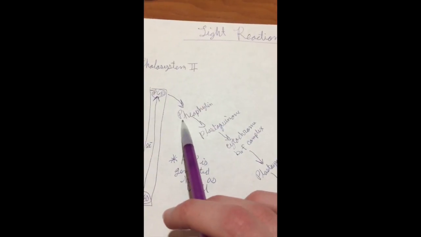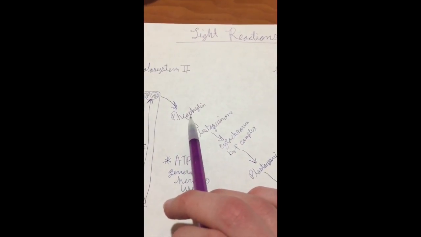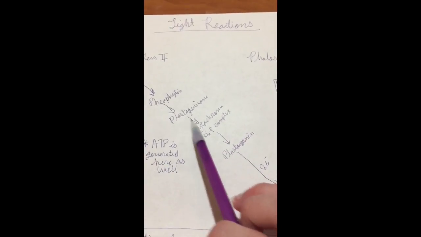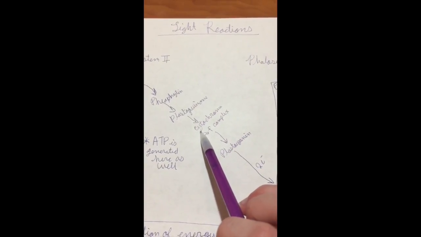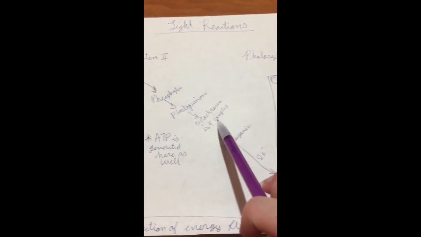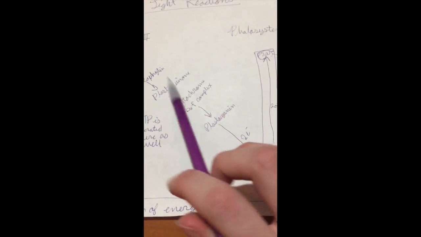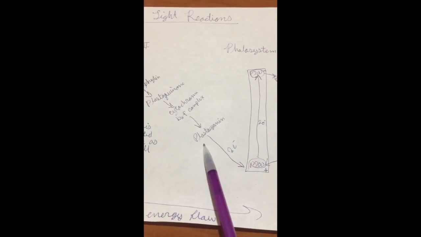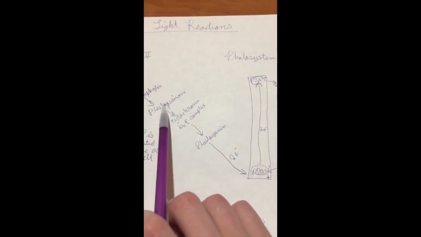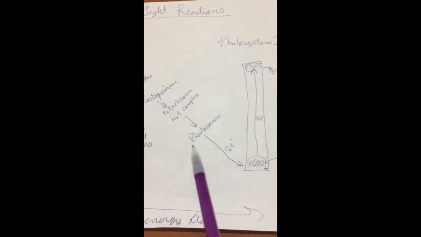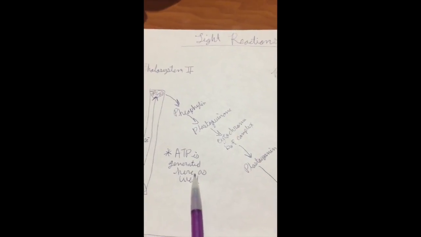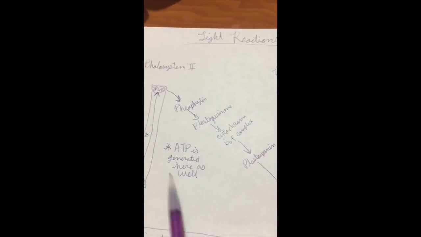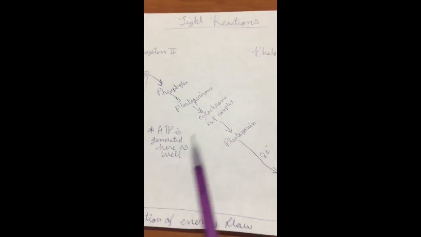I can't really say these words, but pheophytin and then plastoquinone, which is then transferred down into the cytochrome b6 complex, and then as it moves through the transport chain, becomes plastoquinone again, and ATP is generated here as well, sort of like an energy releaser, like an extra.